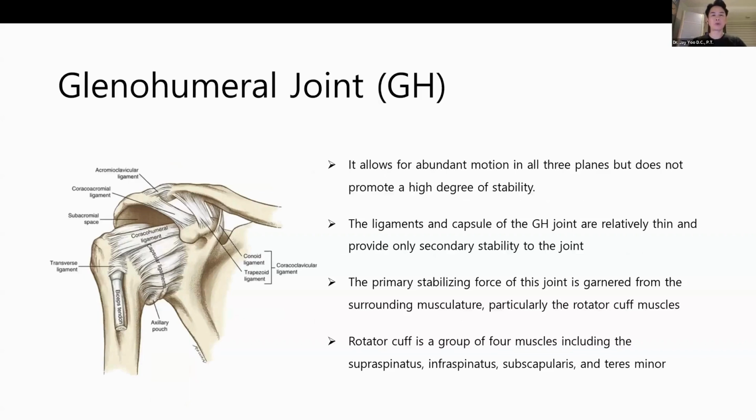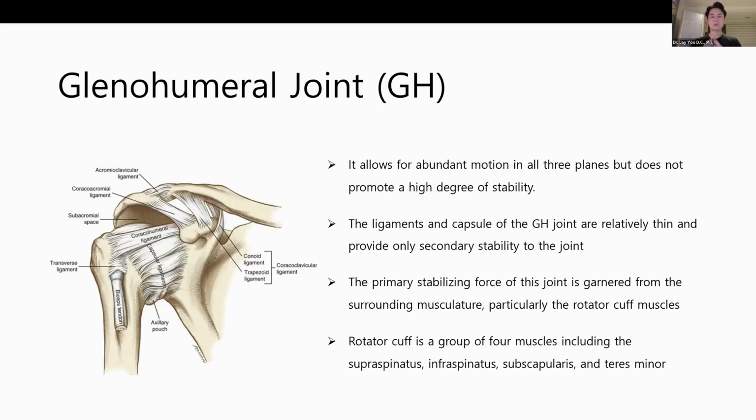The GH, glenohumeral joint, allows motion in all three planes, but does not promote a high degree of stability. The ligament and capsule of the GH joint are relatively very thin and provide only secondary stability to the joint.